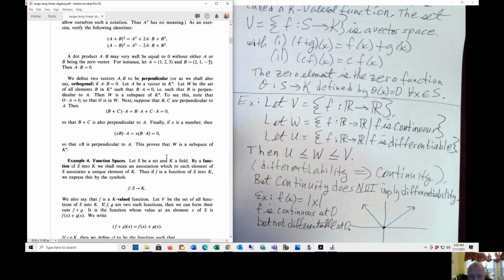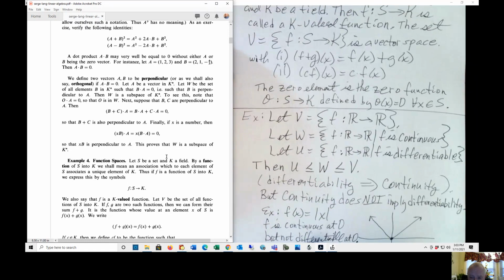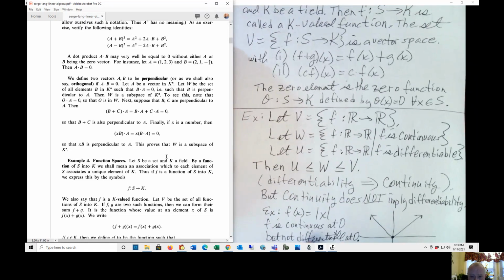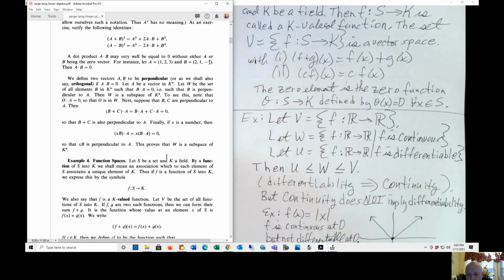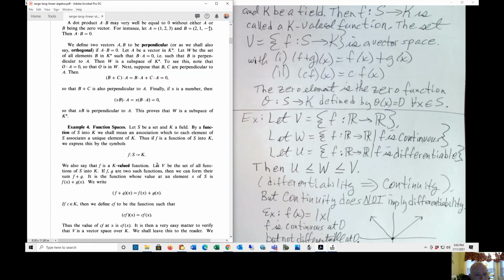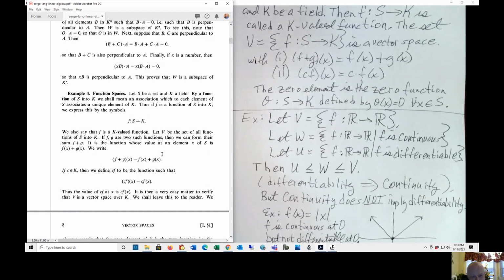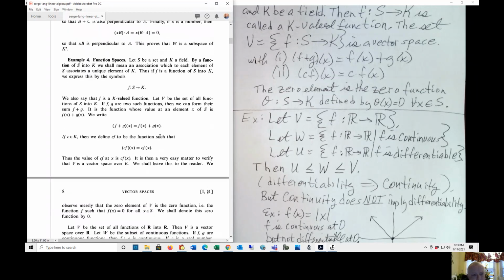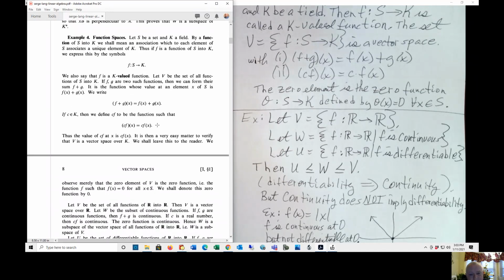Okay, next, a very important class of examples come in the context of calculus. Now, the next example here, example 4 in the textbook, as you notice on the left page, page 7, function spaces.